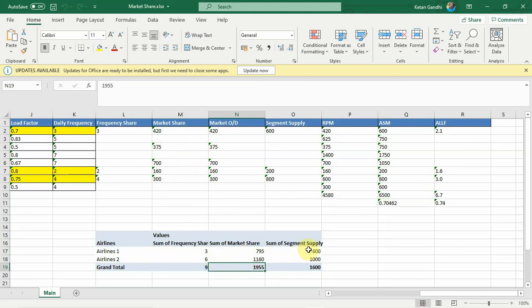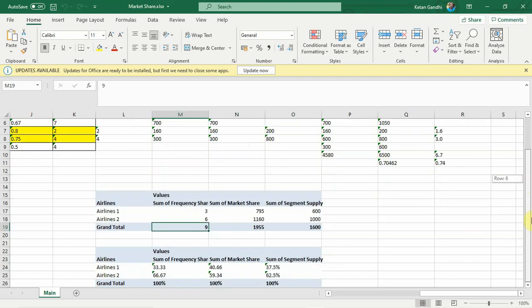The number of seats which were provided, so this is 600 and this is 800, that is 800 plus 200, was the number of seats supplied. This is the number of passengers flown for this route, and the total frequency, including both the airlines, was 9.